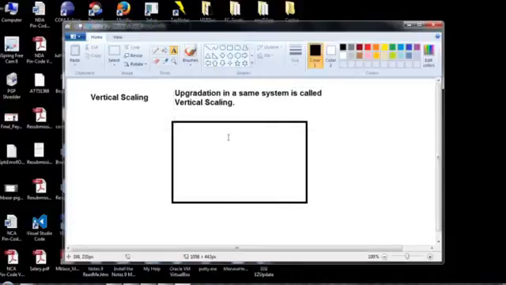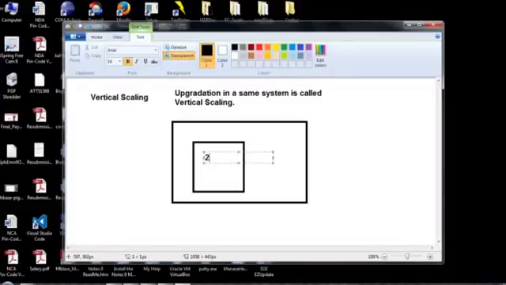Suppose you bought a computer which has an initial RAM of 2 GB and a hard disk of 500 GB. Now after a few years, you upgraded your system with another 4 GB RAM. Also you changed your hard disk to 1 TB. So you are doing upgradation in the same system.